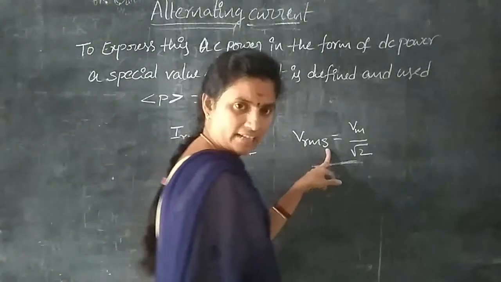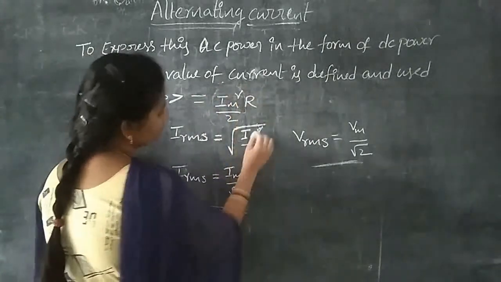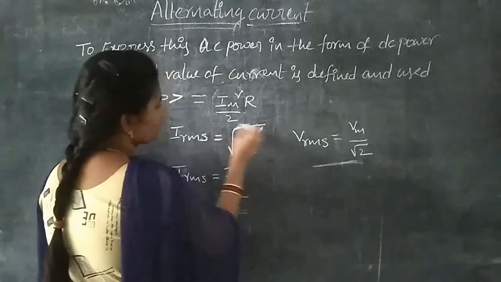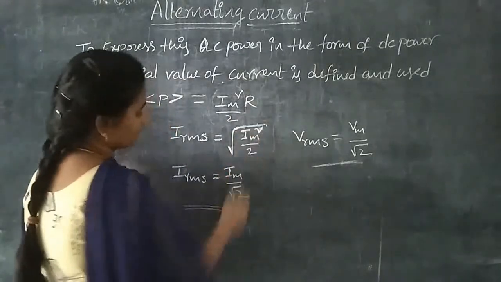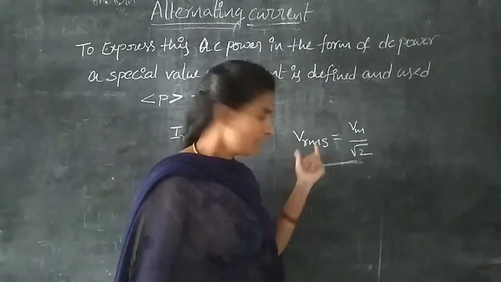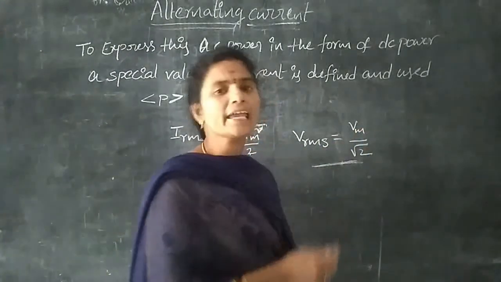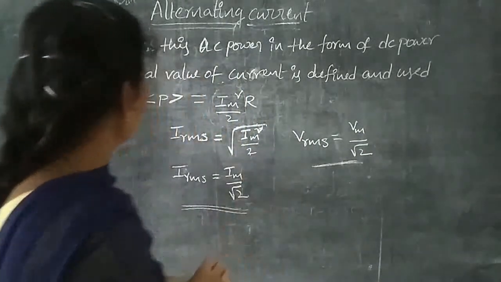What is I? This is nothing but I square, so Im square by 2 under root. The square root gets cancelled, Im by root 2. In the same way, VRMS is Vm by root 2.